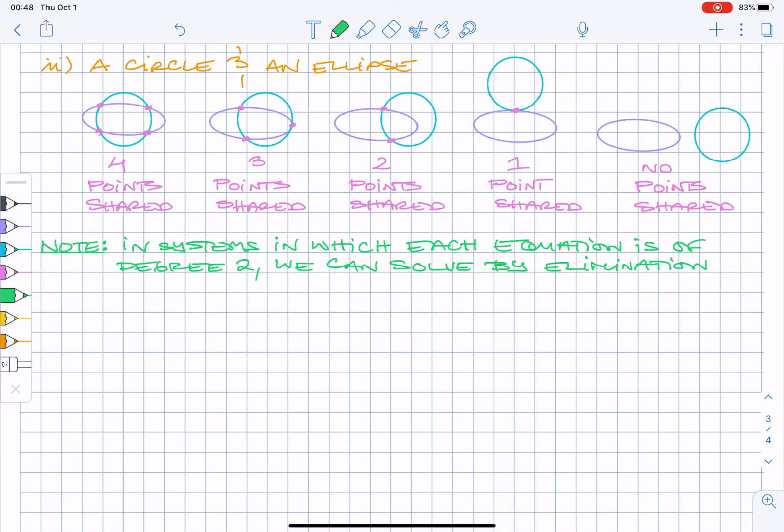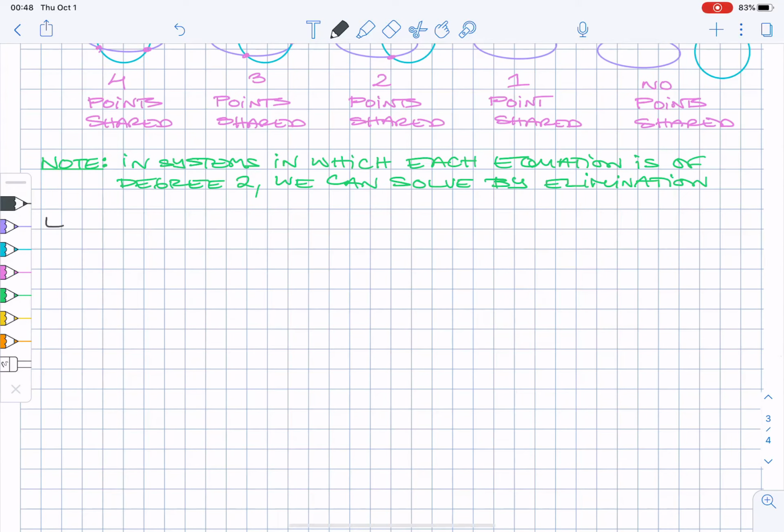Okay, so for example, solve the following systems by elimination.